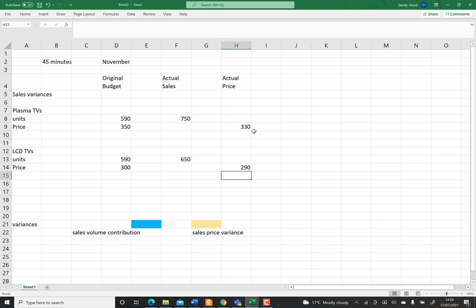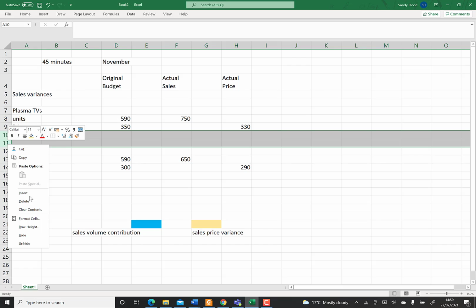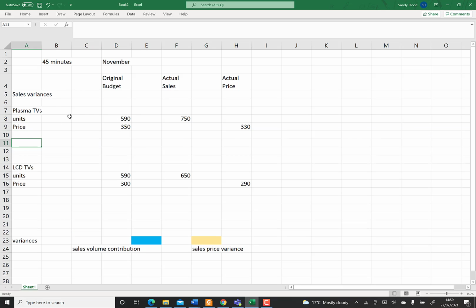The standard contribution for the plasma and LCD TVs are 190 and 180 respectively. So I'll add a little bit of room here. Contribution per unit, 190 and 180. And seeing as I did it like that, I can just drag that down, and that will be equal to the next column.